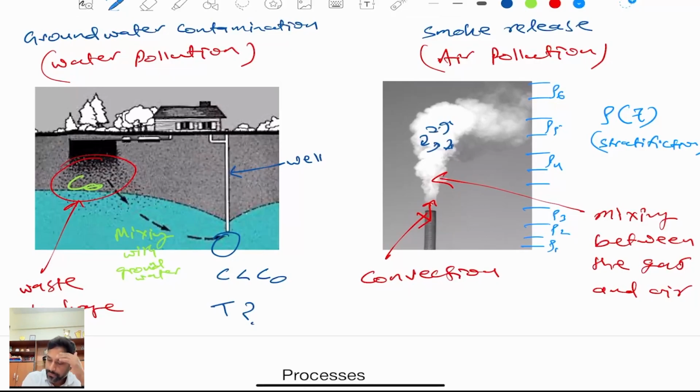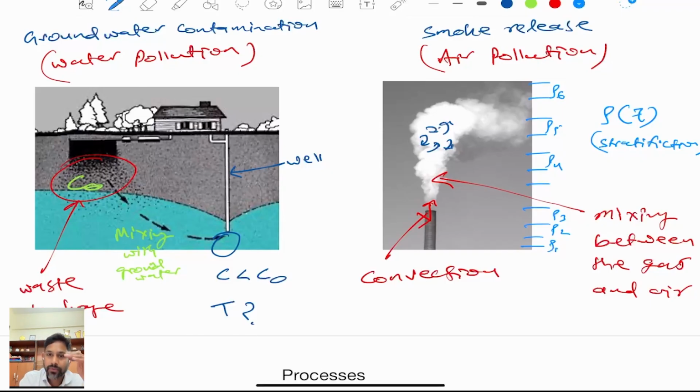So you see there are different processes here. One is the convection that is happening because of this hot air that is coming out from the smokestack, and then there is mixing happening between this hot gas and air. Then there is turbulence in the system because maybe the velocity is quite high or the viscosity of air is very small, right?